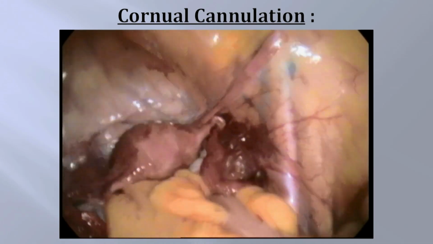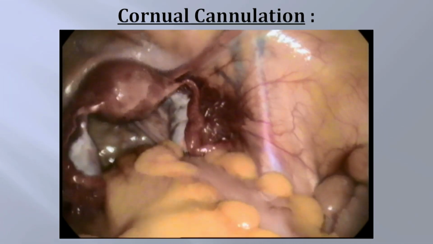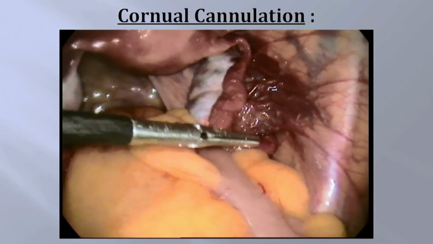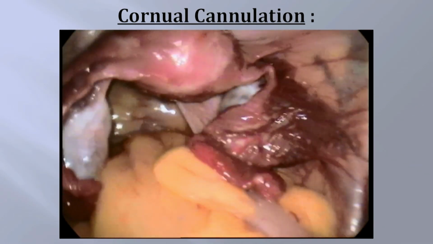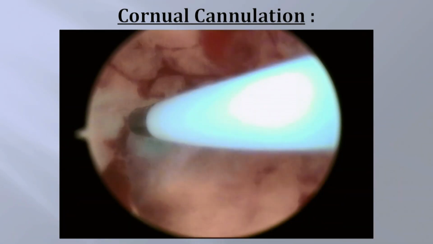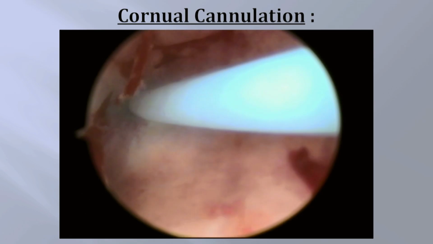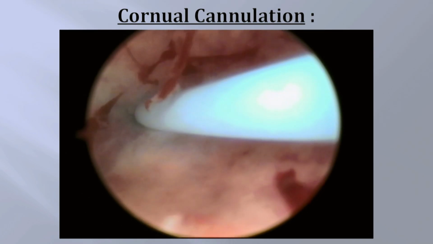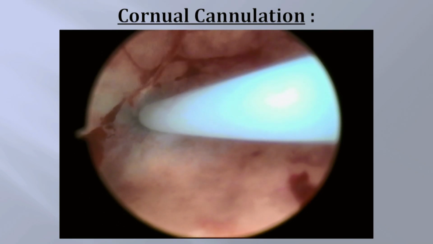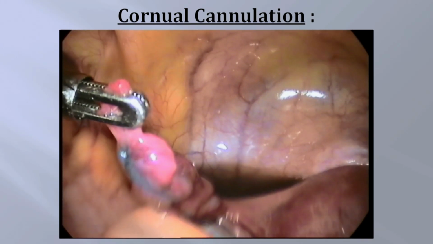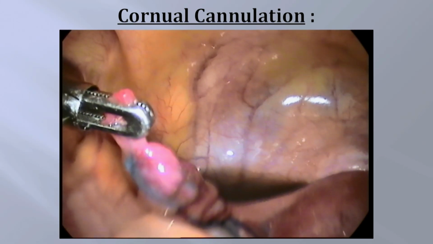This is another case of fallopian block in which cornual cannulation is being performed. I'll just give you a few tips because I'm considering that all of you must be doing hystero-laparoscopic surgeries.